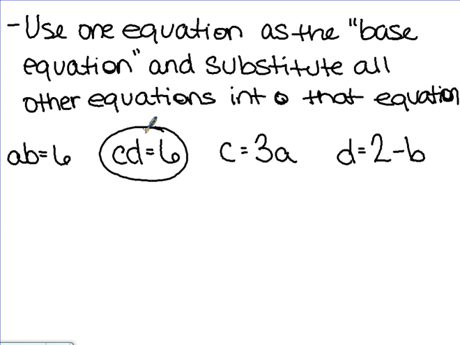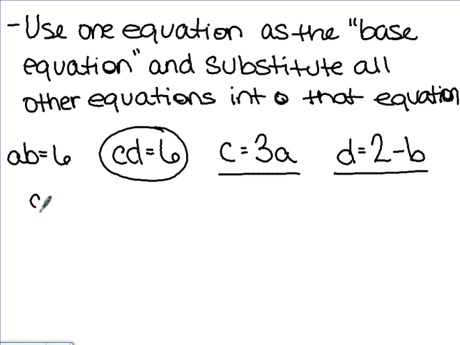And here's why. I have 2 variables that are equal to an actual numerical value. In the second and third equation, C is equal to 3A and D is equal to 2 minus B. So I'm going to use that equation as my base equation.